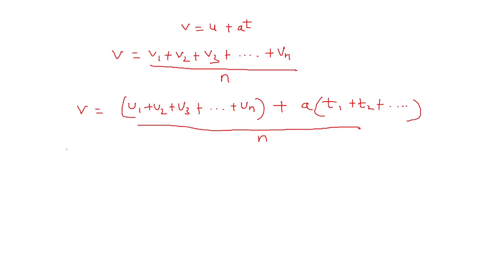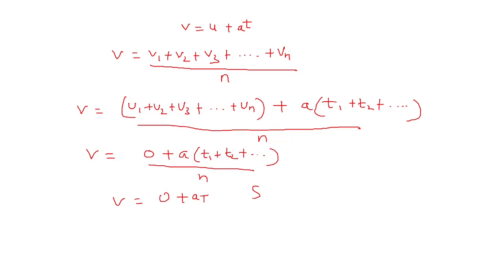Because the initial velocity is 0, we can write this as 0 plus a into t1 plus t2 plus dot dot dot upon n. This is v is equal to 0 plus a tau, where tau is the relaxation time.